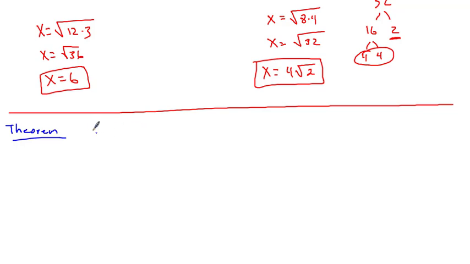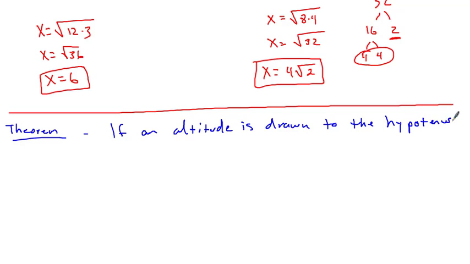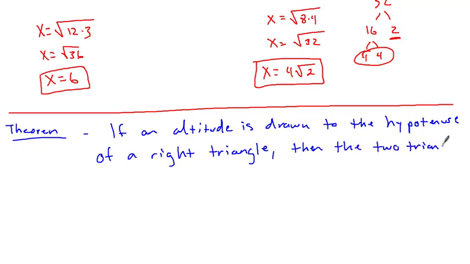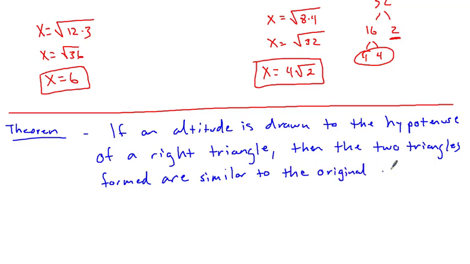Okay, if an altitude is drawn to the hypotenuse of a right triangle, then the two triangles formed are similar to the original and each other.